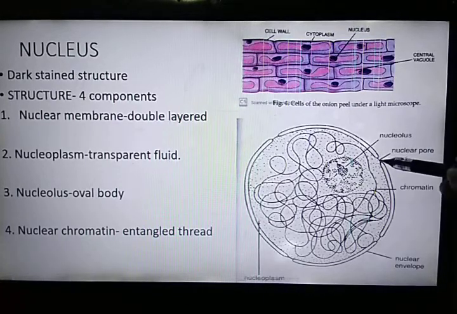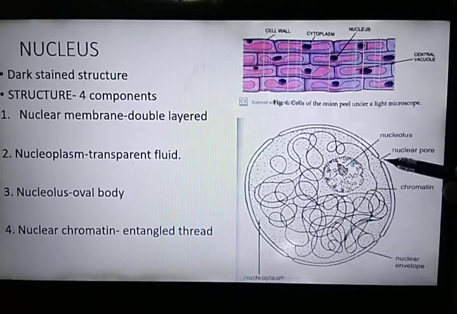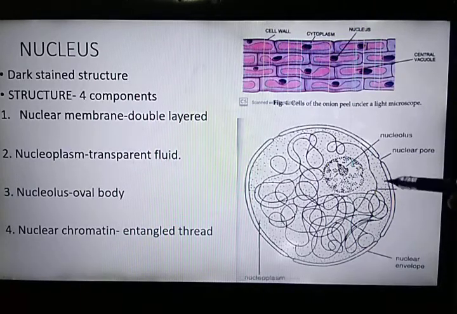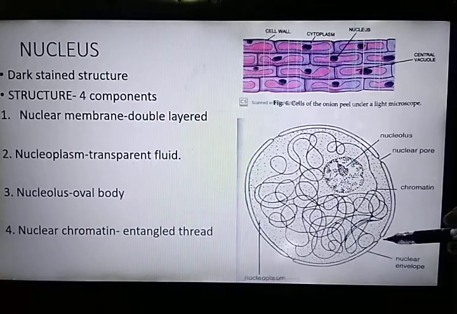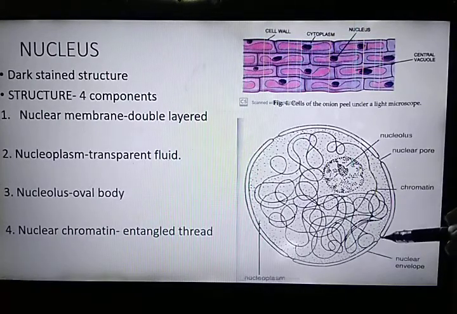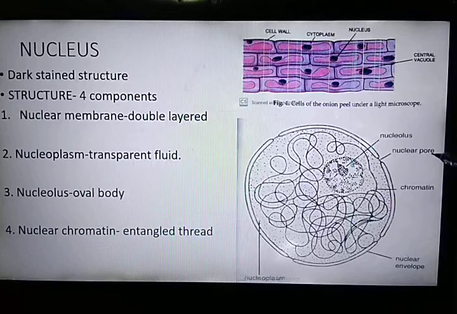It has minute pores present in it known as nuclear pores. So what does it mean? That the nuclear membrane is not continuous. It is discontinuous at some points. The points where the nuclear membrane is discontinuous are known as the nuclear pores.